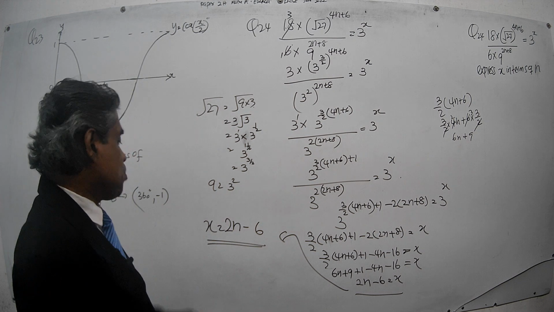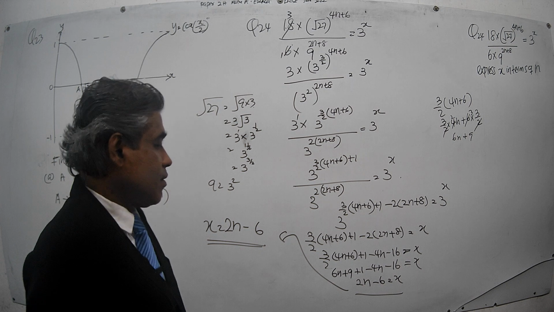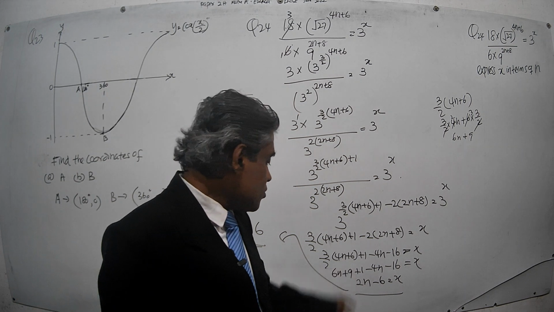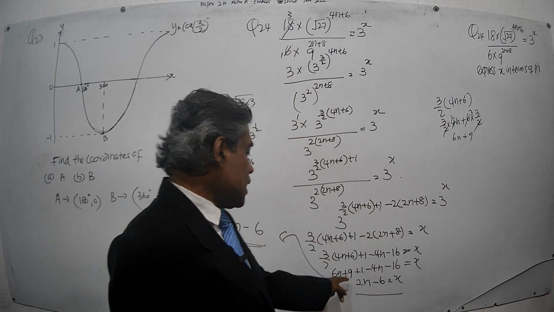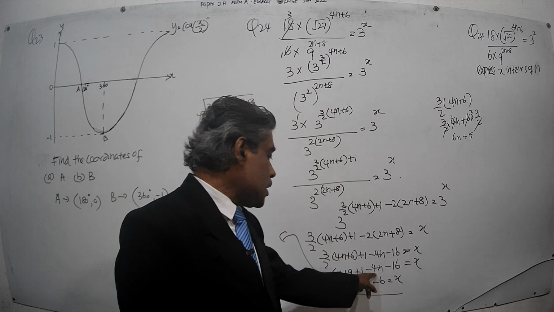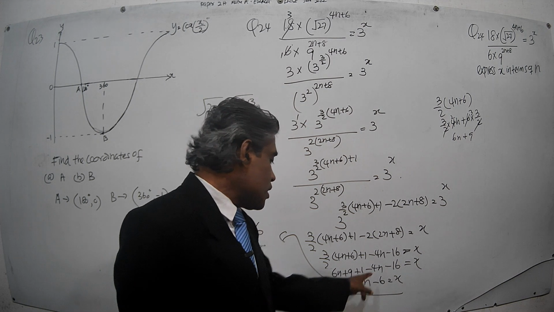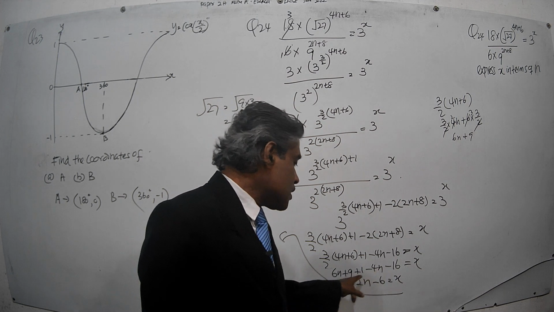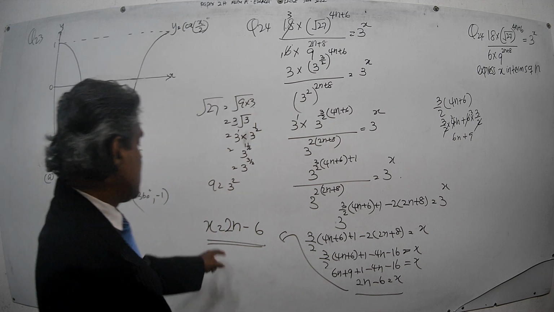This is the expression of x in terms of n. Right. 6n plus 9 plus 1 minus 4n minus 16. 6n minus 4n is 2n. 9 plus 1 is 10. 10 minus 16 is minus 6. Correct. That is the thing.